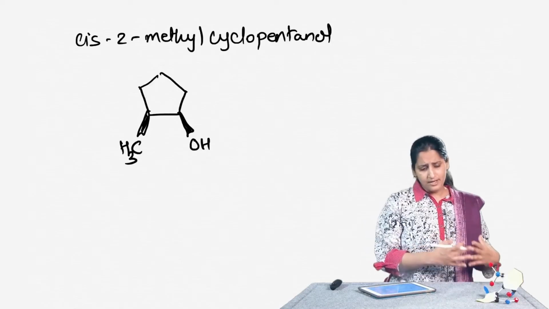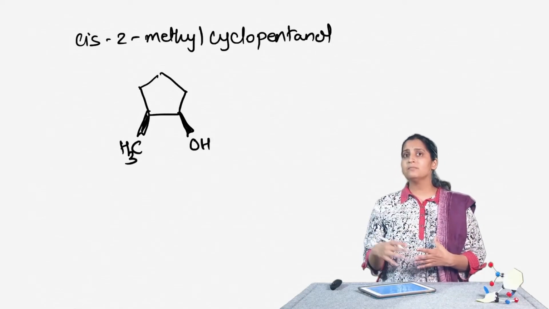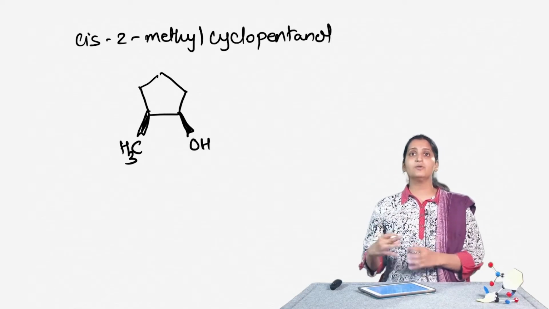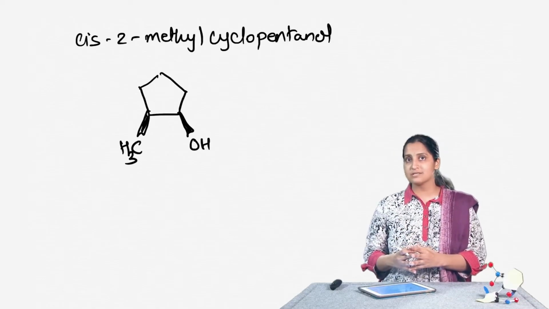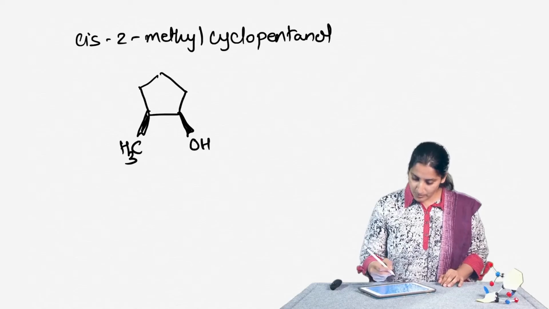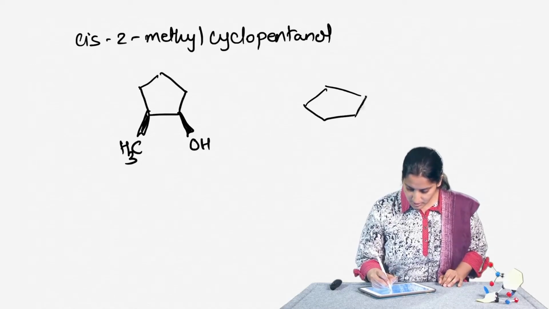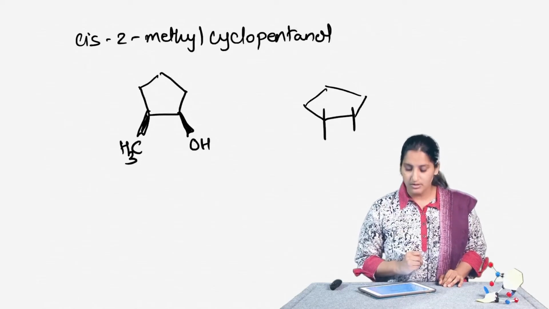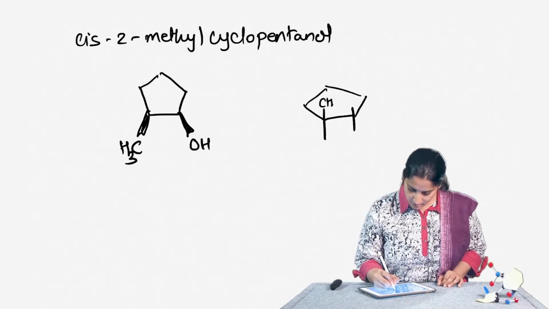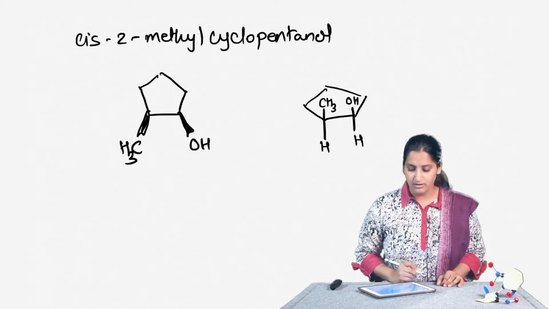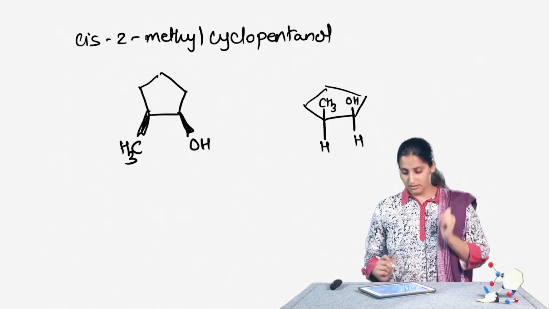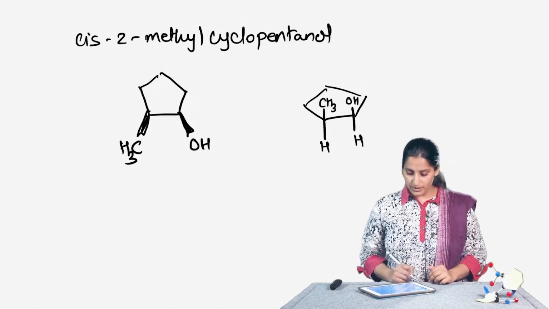So, until cyclopentane it really does not matter, but for cyclohexane definitely you want to draw a chair and see how that particular molecule looks in a 3D space. So, for cyclopentane I am going to draw a different projection, okay, and you can see that these CH3 and this OH are both going up top and both the hydrogens are going down.